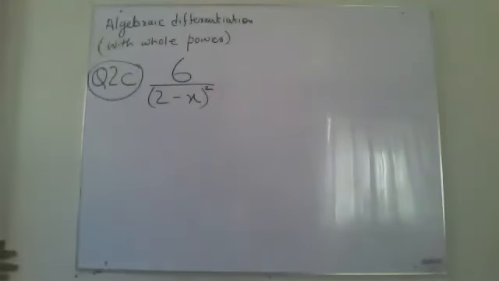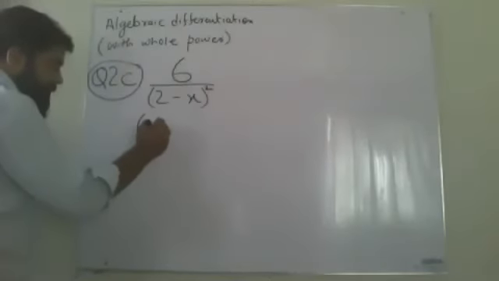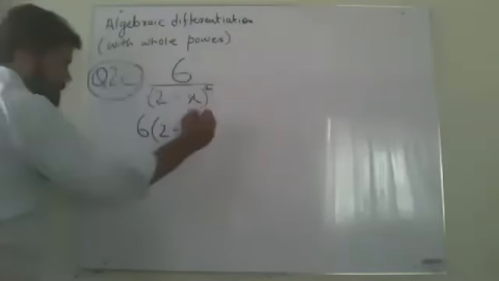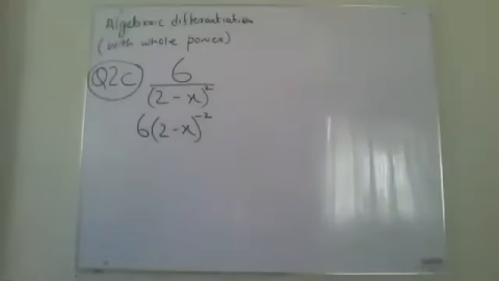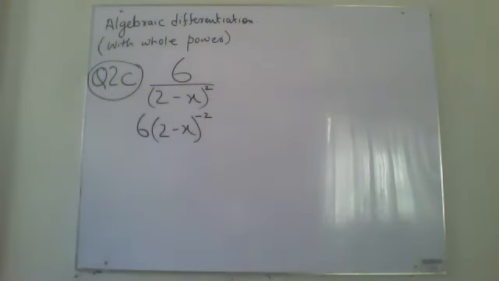So what I can do over here in the simplified form, if I want to simplify it first, I will be doing it as 6 times 2 minus x. Okay, what I have done, whatever was in the denominator, I have shifted it to the numerator.